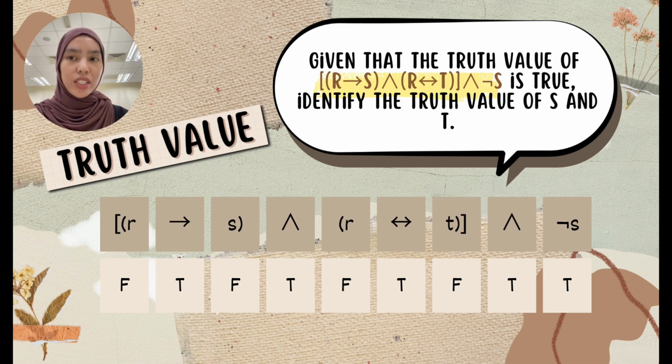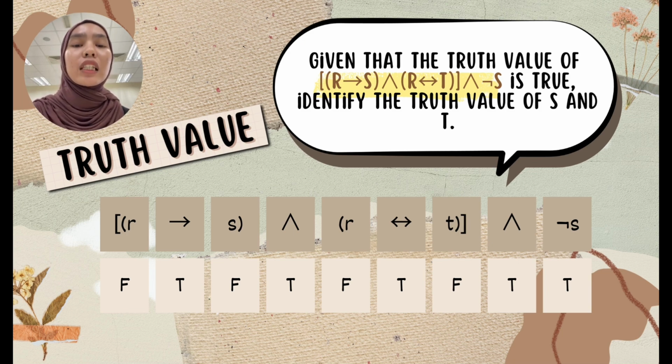Back to the question. The statement said that the equation is true. So we need to put T below the conjunction between the square bracket equation and not S. To get true for conjunction, true and true will get true.